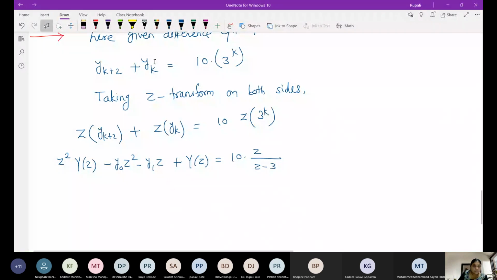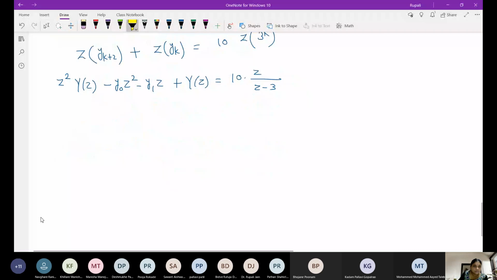So Y(z) we have to take common. So (z square plus 1) Y(z) minus y0 z square minus y1 z. Y0 is 0, y1 is also 0, so 0 minus 0, which is equal to 10z upon z minus 3.